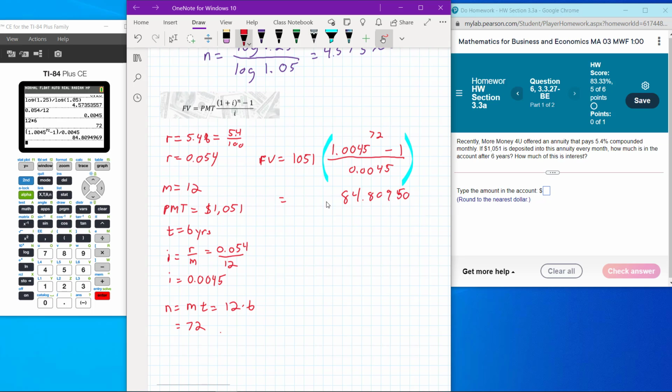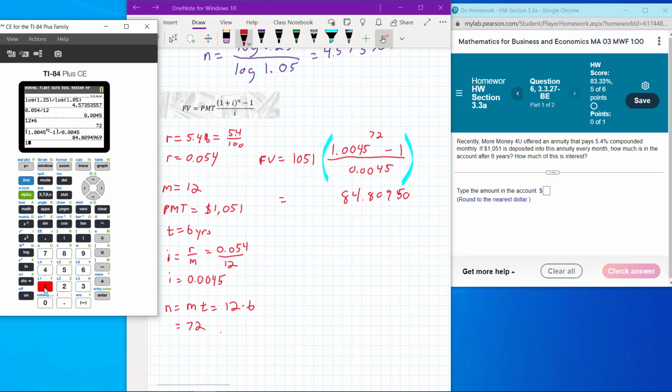So that's what this is. Of course, I'm not really going to use that. What I'm going to do is I'm going to take my 1051, and I'm going to multiply it by that number. So times, I'm going to go up, highlight that number, hit enter again.